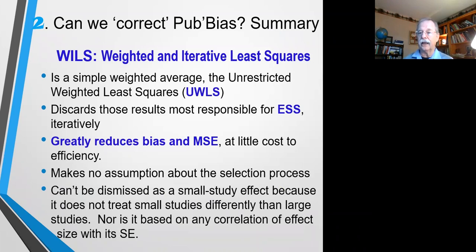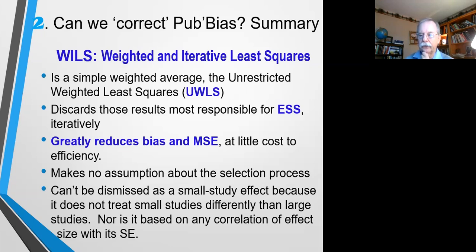In fact, it's exactly the unrestricted weighted least squares, but after you discard those studies most responsible for excess statistical significance. Once you do that, we can show, both comparing it against replications and against simulations, that it greatly reduces bias and mean squared error at little to no cost to efficiency.